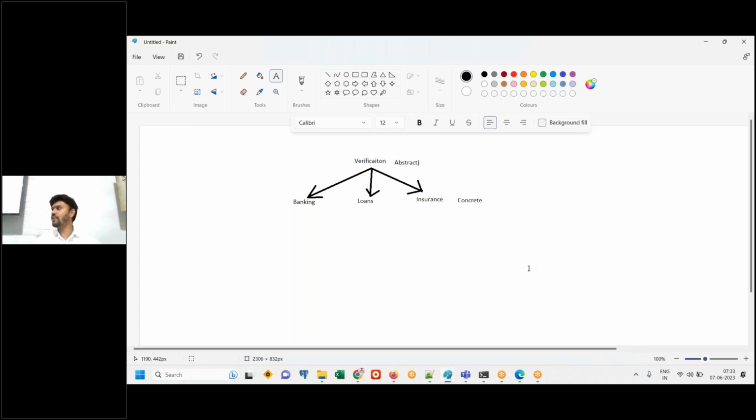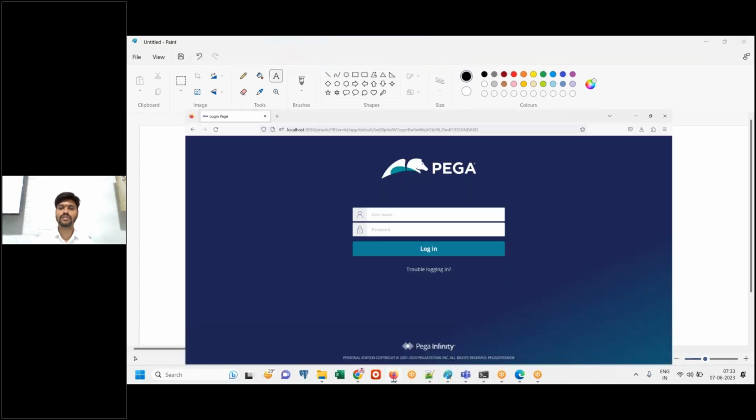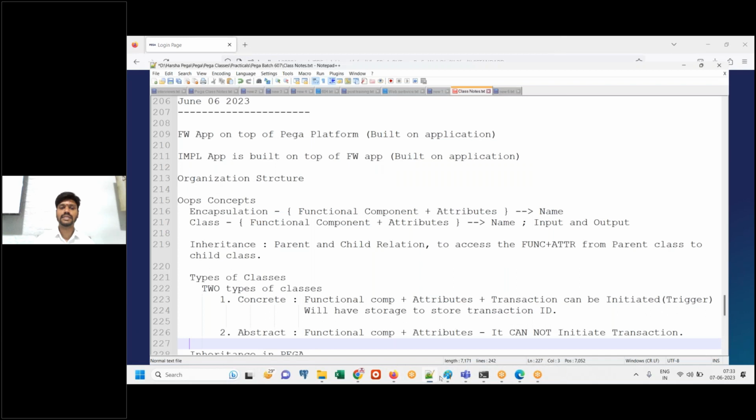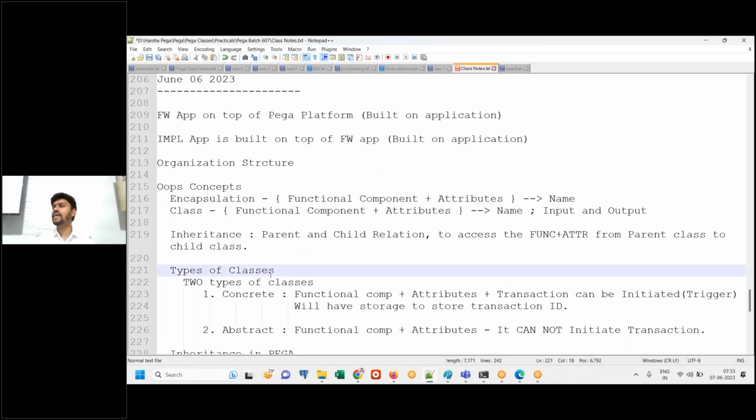Usually in a general structure of your business, the higher levels are abstract levels and the bottom levels are concrete levels. Clear, everyone? So in inheritance, the high level class is generally abstract and the below one is concrete. So we would be creating concrete or abstract classes when you are given a requirement. If that is the class where the transaction is to be initiated, then it is concrete.